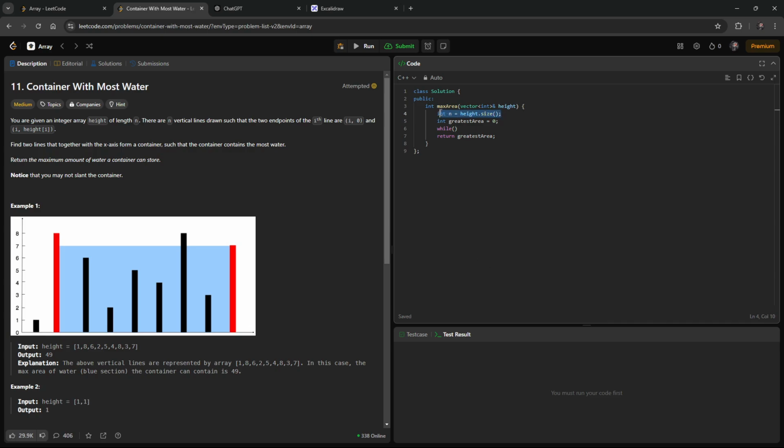So instead of doing this, int left equals 0, int right equals height.size minus 1, and while left is less than right, what we have to do is find the area.